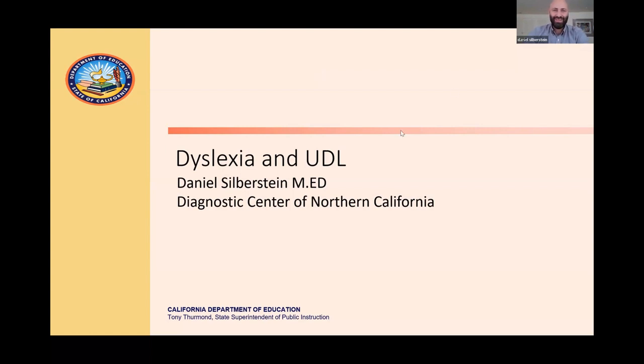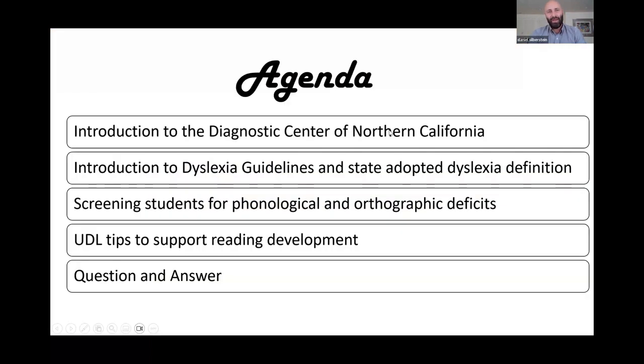Sort of my agenda here today is this. I'm going to talk about my employer, which is the Diagnostic Center of Northern California. I'm going to introduce the state's dyslexia guidelines and the state's adopted definition of dyslexia. I'm going to talk about screening for the two big components of a dyslexic profile, one of those being phonological processing, the other being orthographic processing.